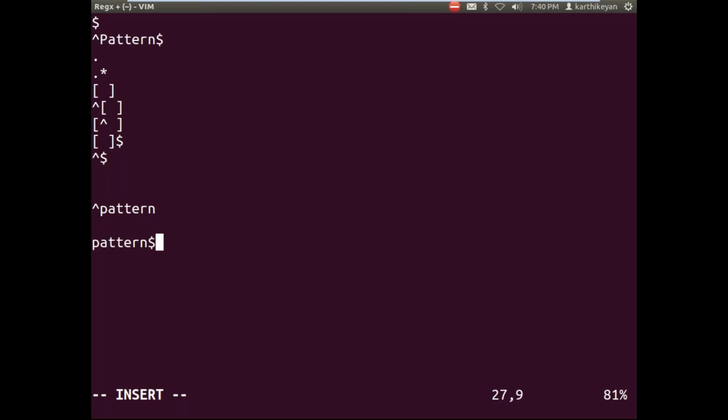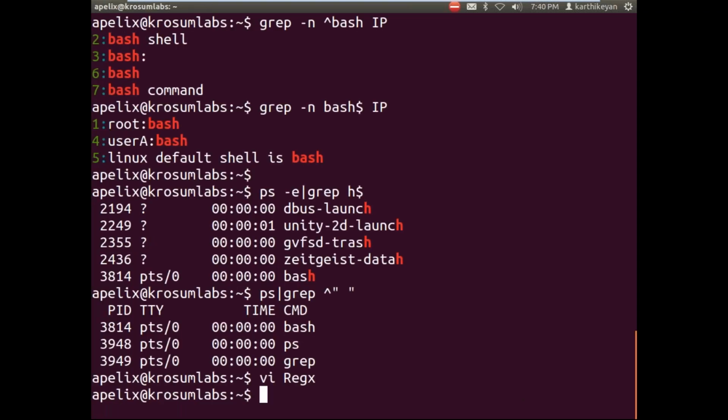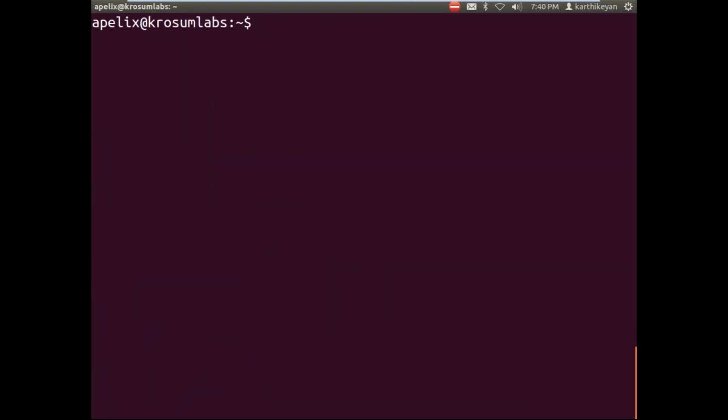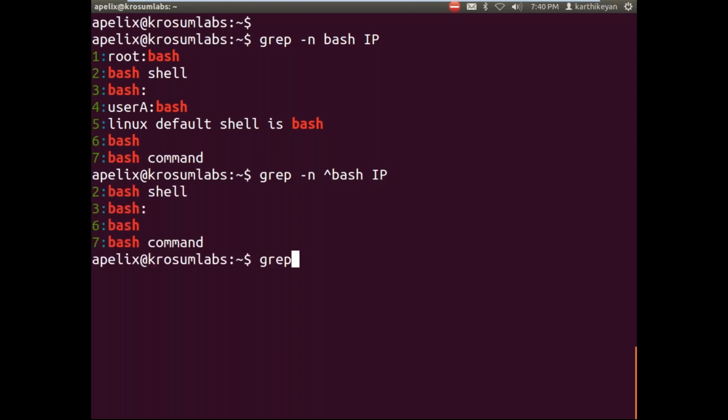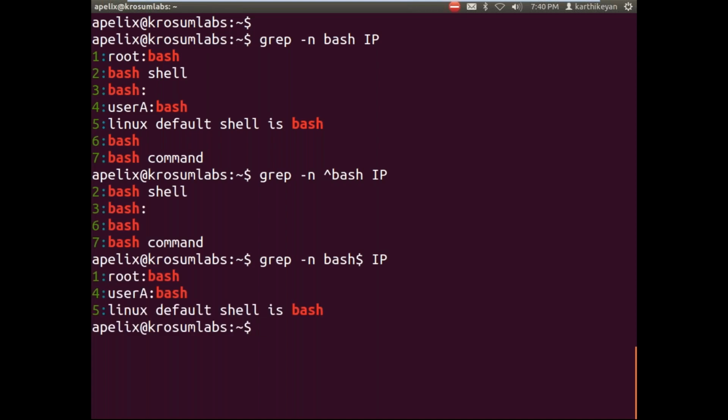Line ends with the pattern, either character or string or anything. The same thing with grep: if you're searching a general pattern followed by input file, and if you search a line that starts with bash, caret followed by bash, or bash followed by dollar, these are the patterns. Line starts with the pattern, line ends with the pattern.